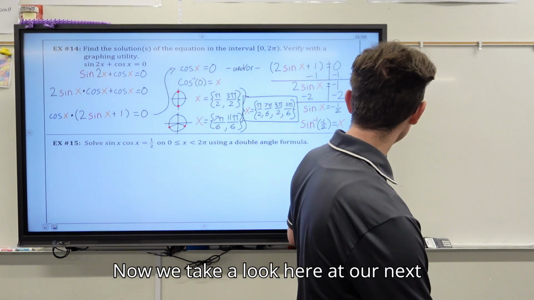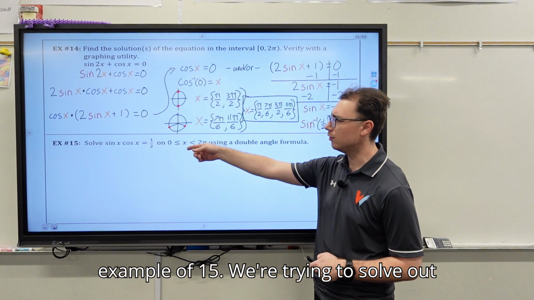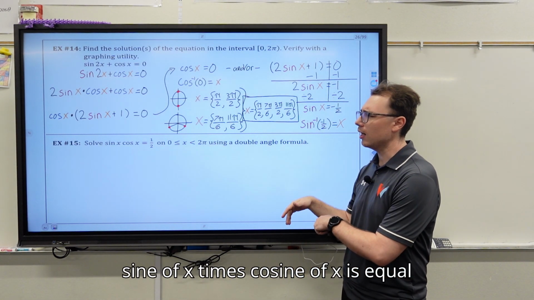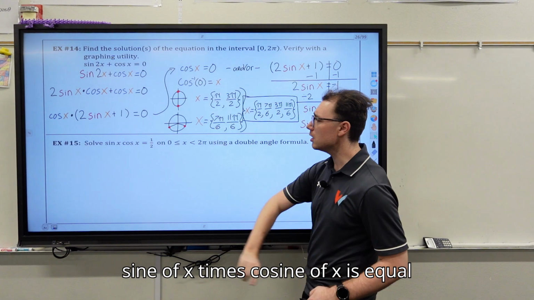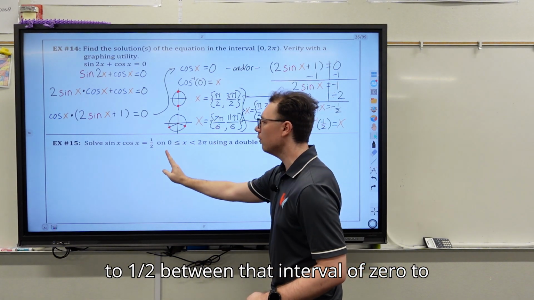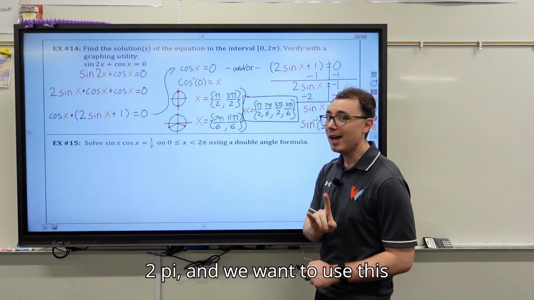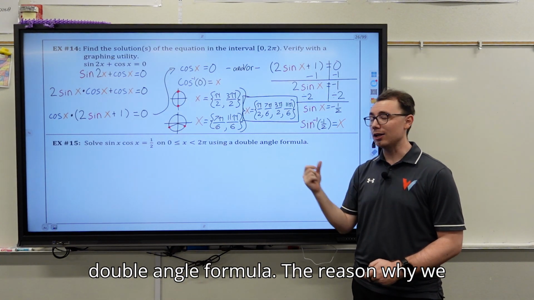Now we take a look at our next example, 15. We're trying to solve sine of x times cosine of x is equal to 1/2 between the interval of 0 to 2 pi, and we want to use this double angle formula.